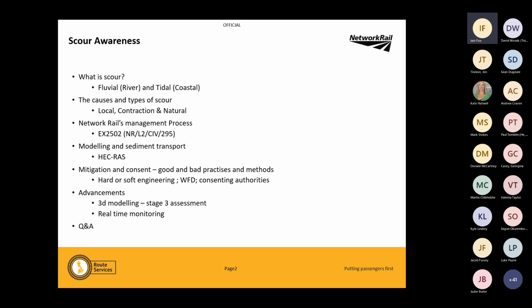We have got a standard for everything else. We'll look at how we model and how we look at what's called sediment transport, which I'll explain shortly. We'll look at some of the mitigations and the issues that we come up against with the consent authorities like the Environment Agency, Natural Resources Wales, SEPA, etc. And we'll look at some advancements. There are a few coming around which are actually quite promising, so we'll go into that.